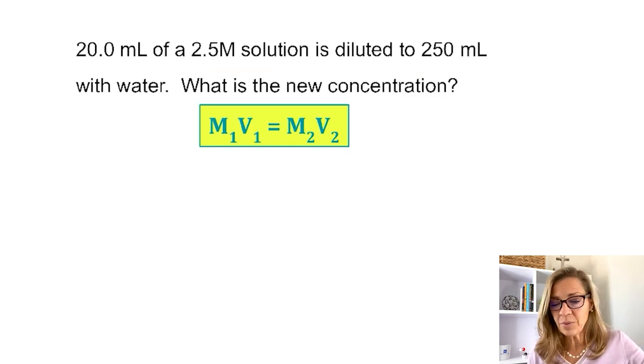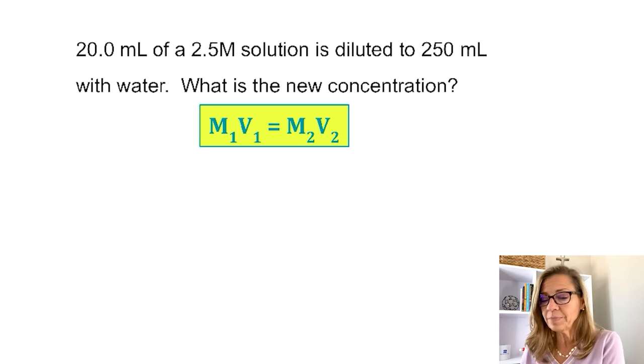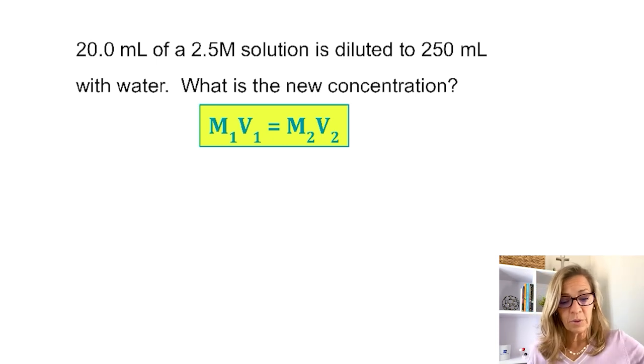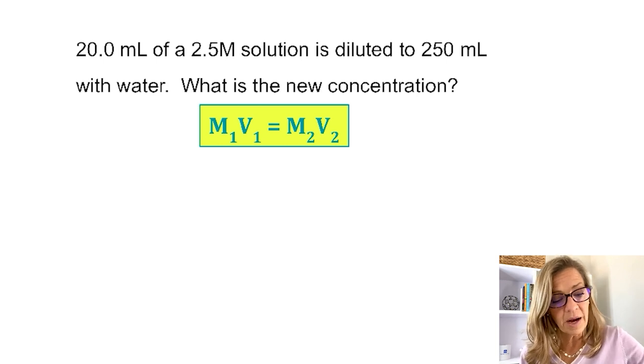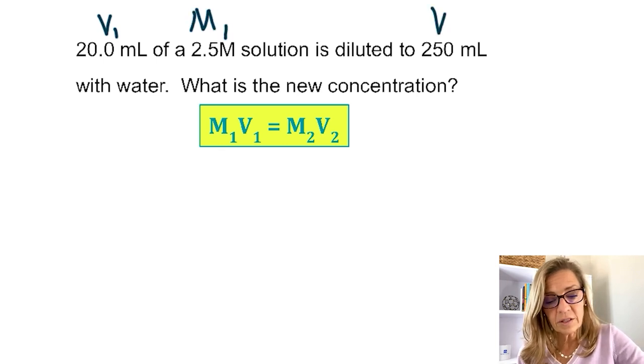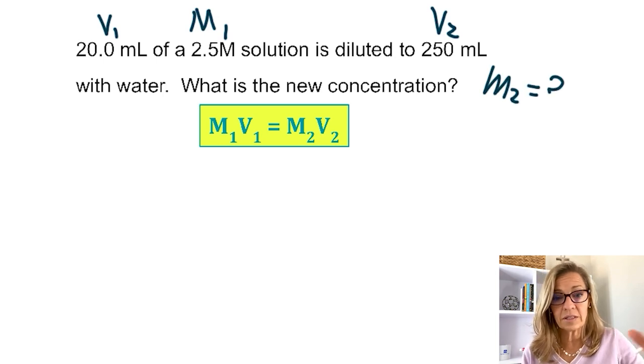So here we've got a solution, and it's 2.5 molar, and we're going to dilute it. First of all, let's identify. This is V1, and that is M1, and then this is V2, and what we're looking for is M2. Okay, let's get that straight and drop these in.